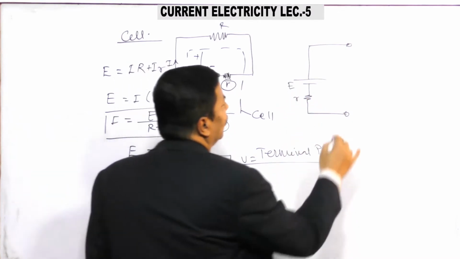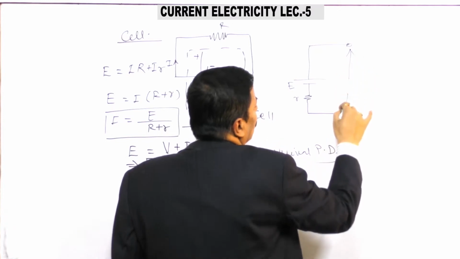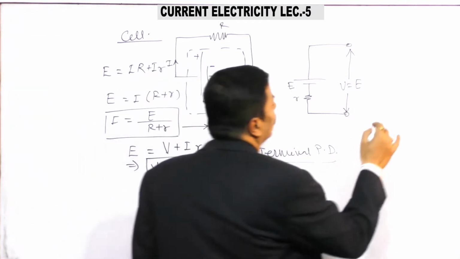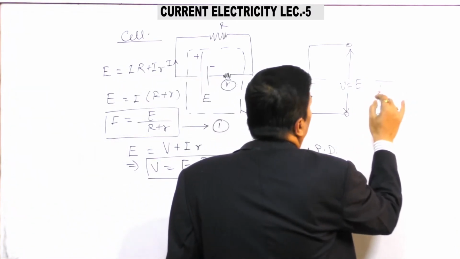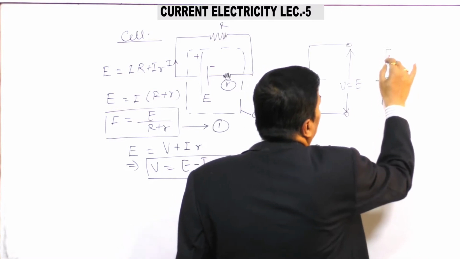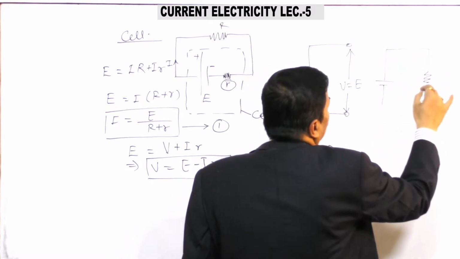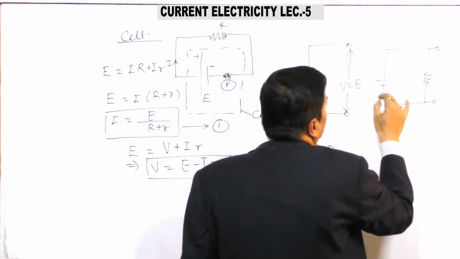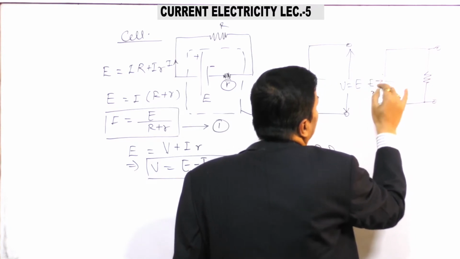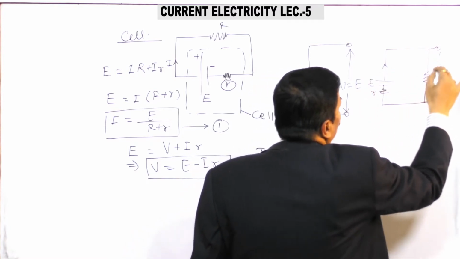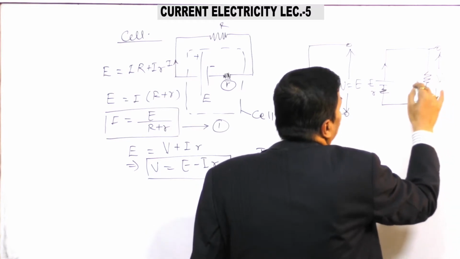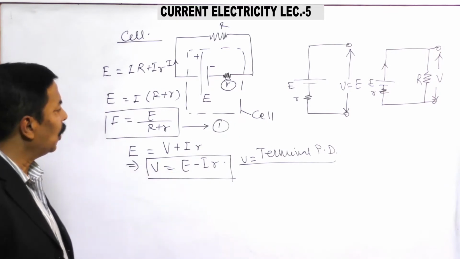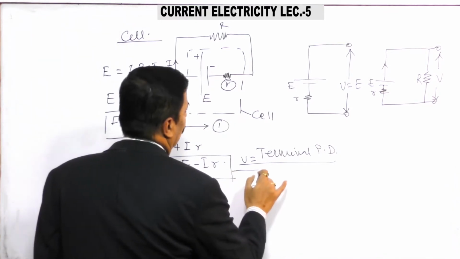Then the terminal potential difference is equal to E. And when we are taking current from the external source, here is the internal resistance r, E, the current is going, then here you get the terminal potential difference. This is something you should know very carefully. This is the second formula of our interest.